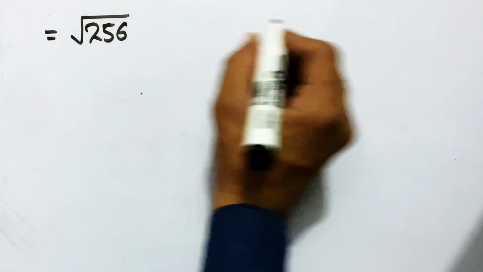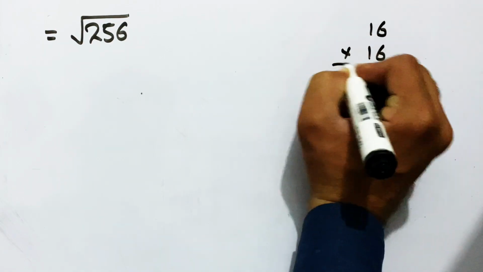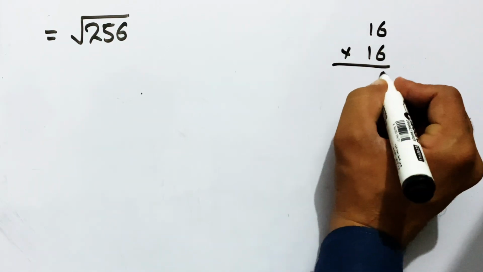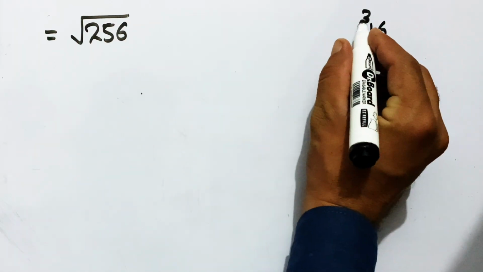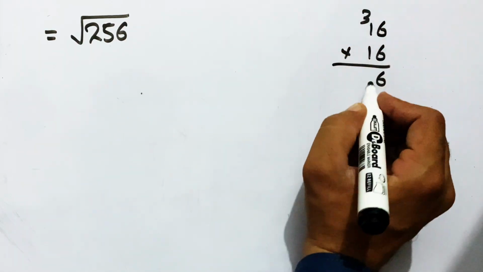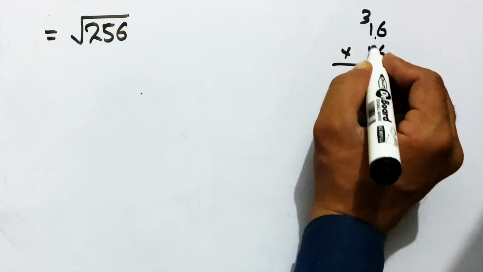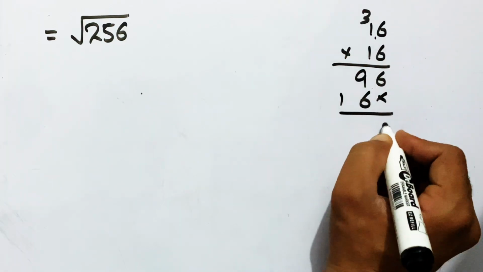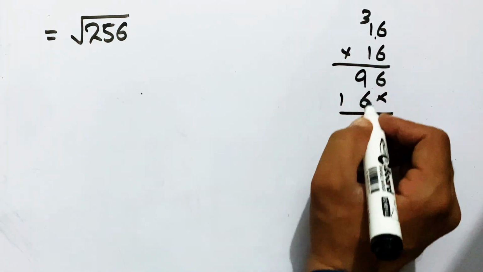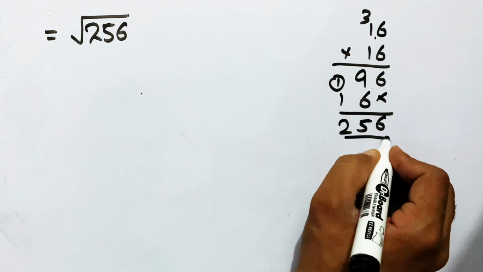So the square root of 256: if I multiply 16 times 16, 6 times 6 is 36, and so on, giving 256.